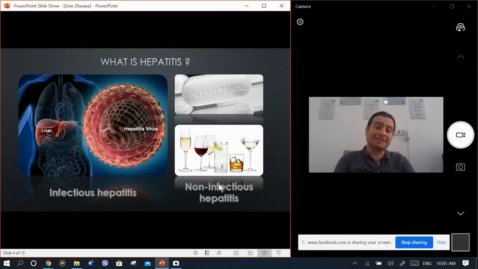These are referred to as non-infectious hepatitis, while hepatitis caused by viruses is called infectious hepatitis. Infectious hepatitis can be caused by many viruses. So we have hepatitis A virus, hepatitis B virus, hepatitis C virus, hepatitis D, and hepatitis E viruses. These are different viruses, but they all have the same target organ, which is the liver.